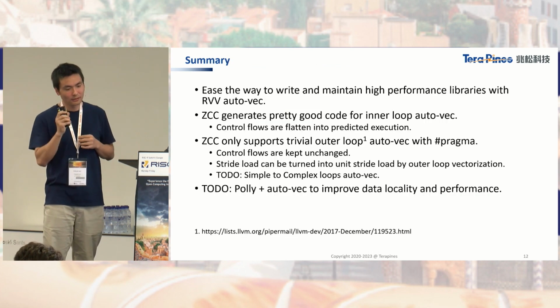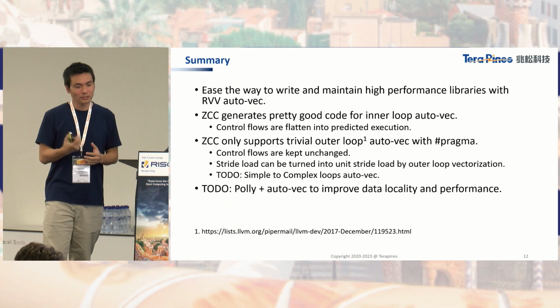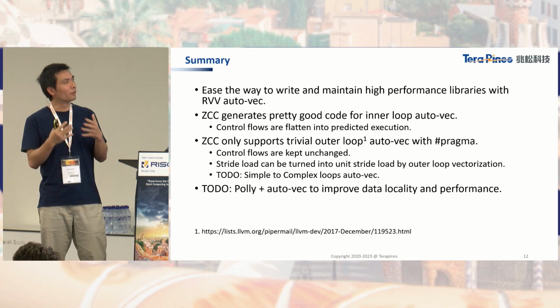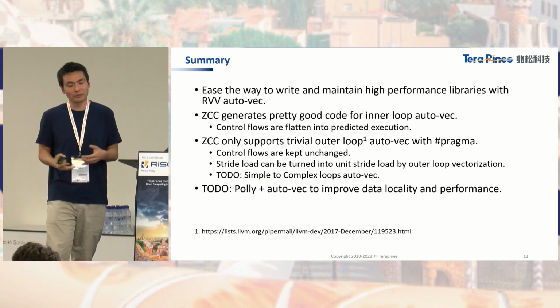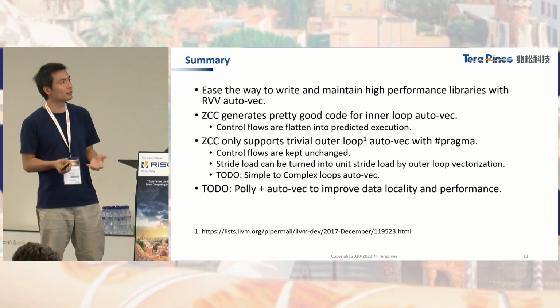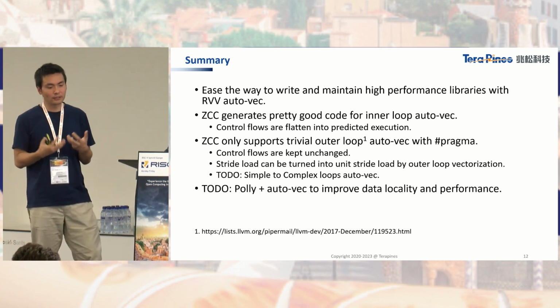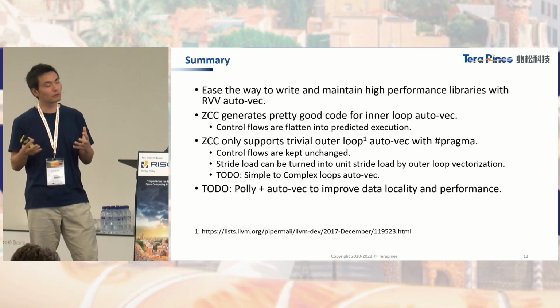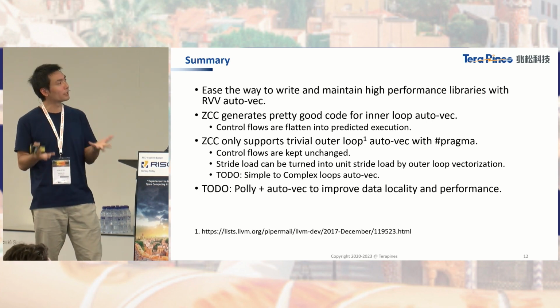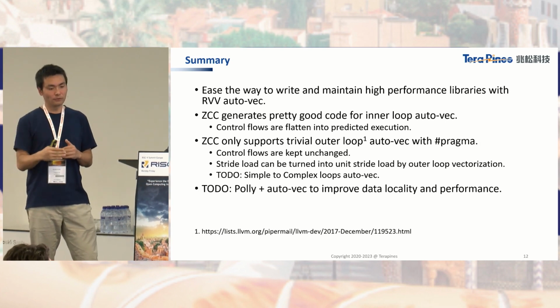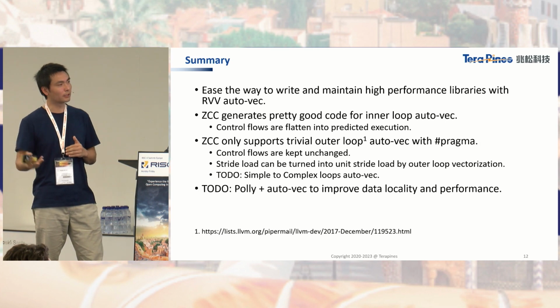Okay, so summary. With auto-vectorization, I think it offers a way to write and maintain high-performance libraries with our compiler. Now, ZCC generates pretty good code for inner loop auto-vectorization. All the control flow is flattened for inner loop vectorization.